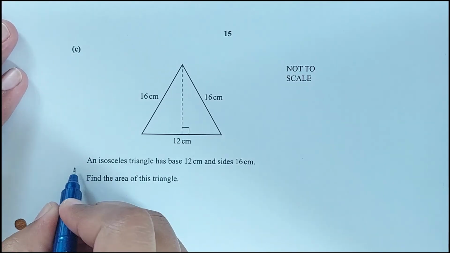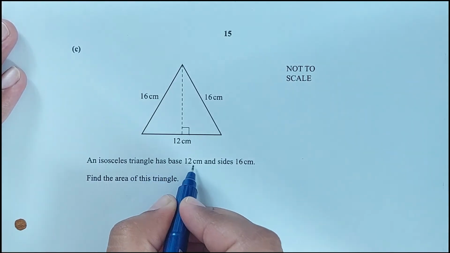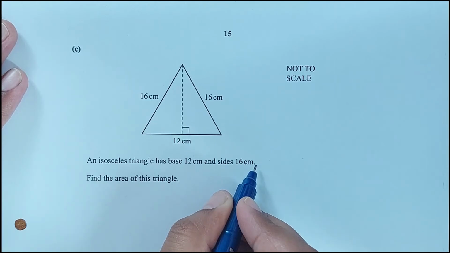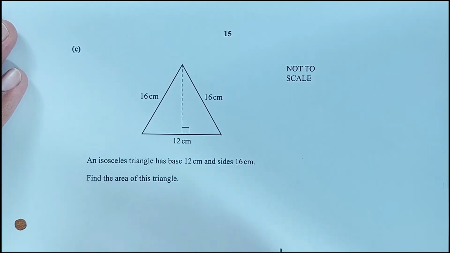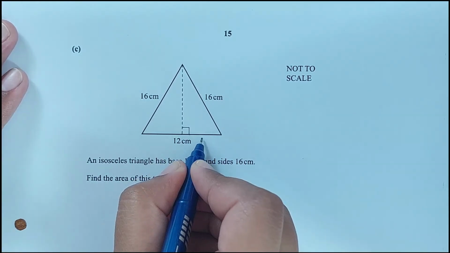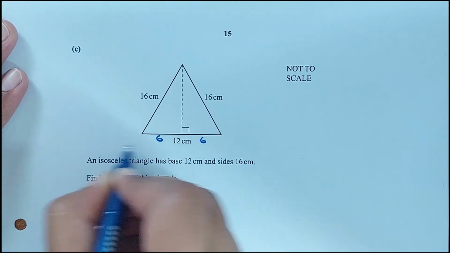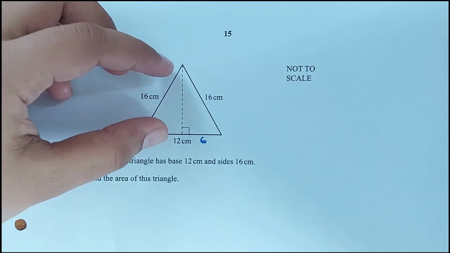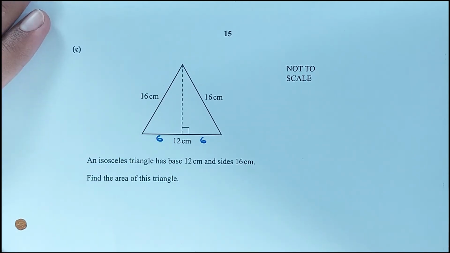Now for part C, an isosceles triangle has the base 12 centimeter and the sides are 16 centimeter. Find the area of this triangle. So this side is 6 and this side is 6, make 12. All right, and if I consider this right angle triangle, we can find the height.